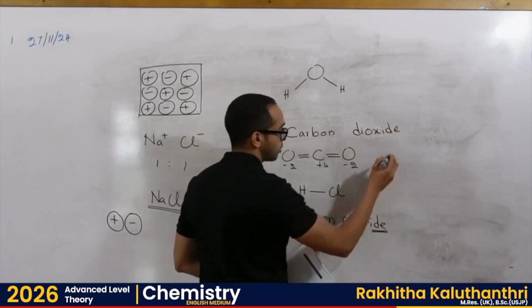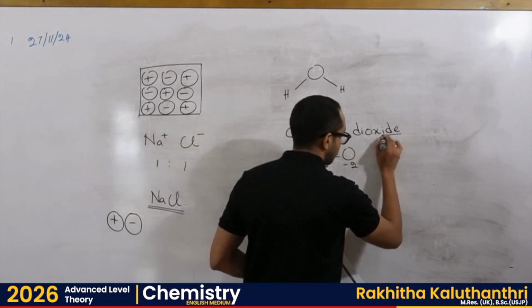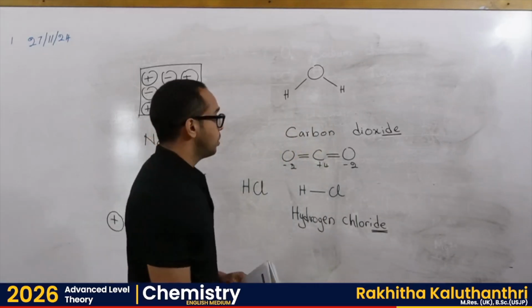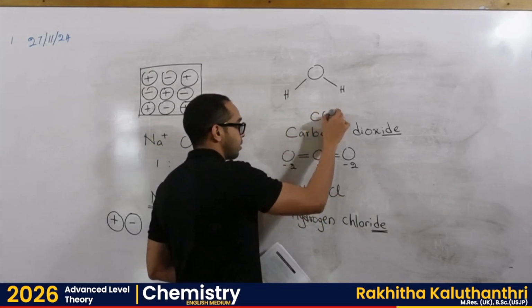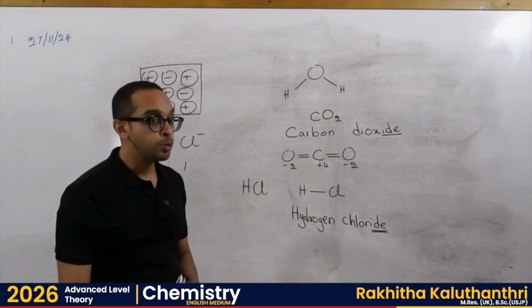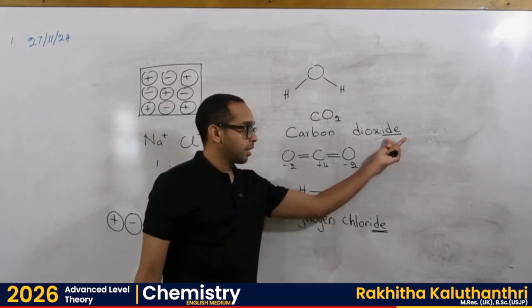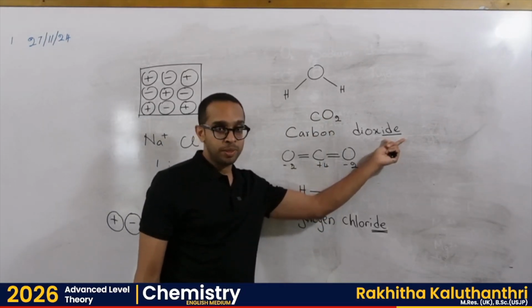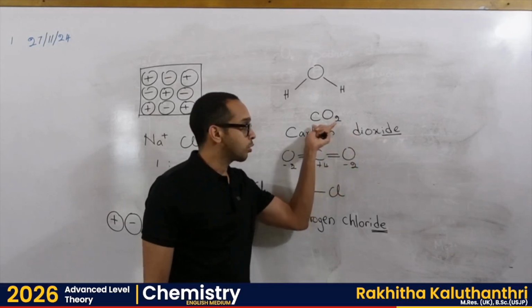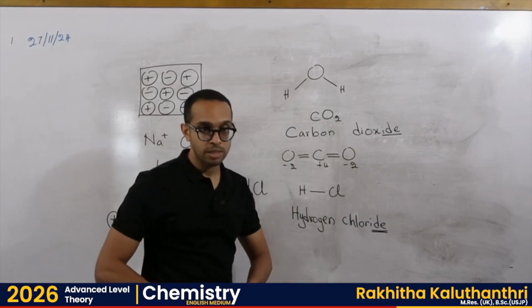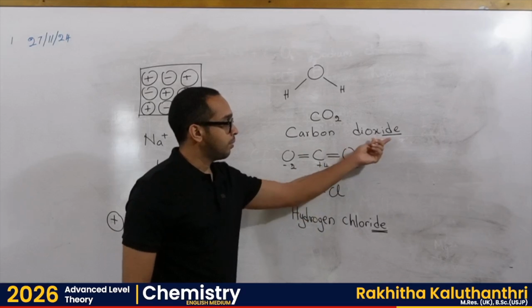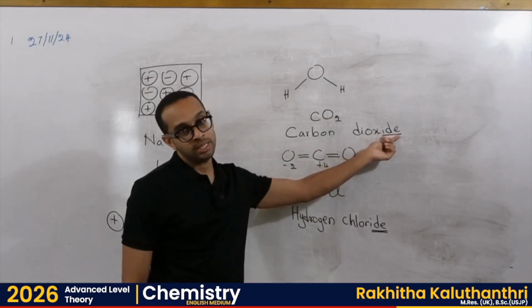Now first of all, I wanted you to focus on the fact that we end this name with IDE, right? So normally any molecule that is made up of only two elements, usually when you're naming them, the second element's name will end with the IDE ending. These are called binary compounds. Binary compounds consist of mainly two different elements. So their name will end with the IDE ending.